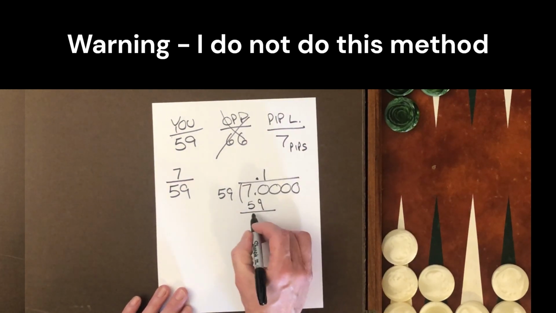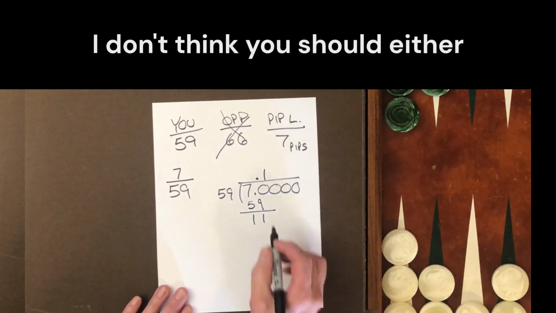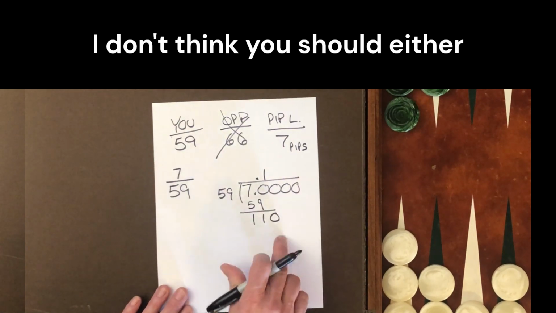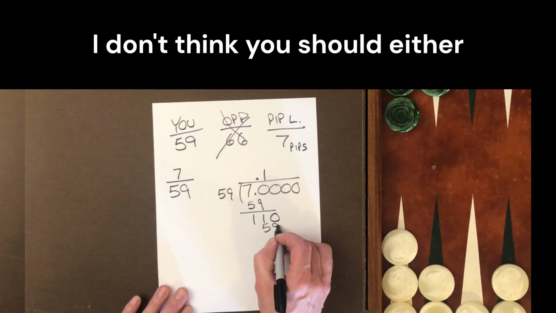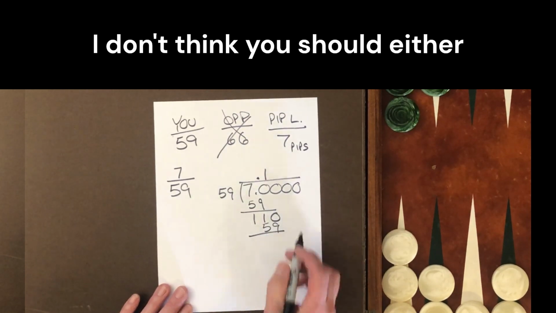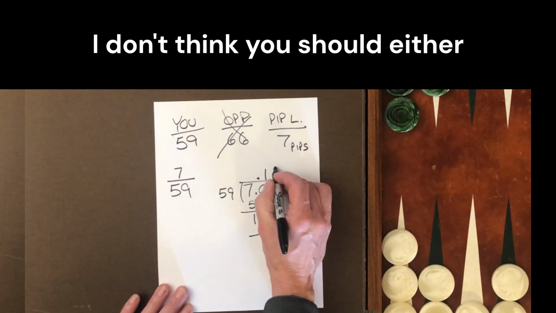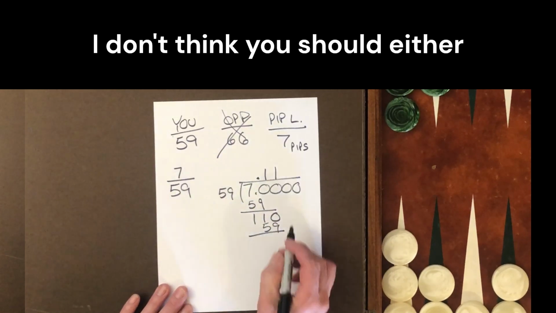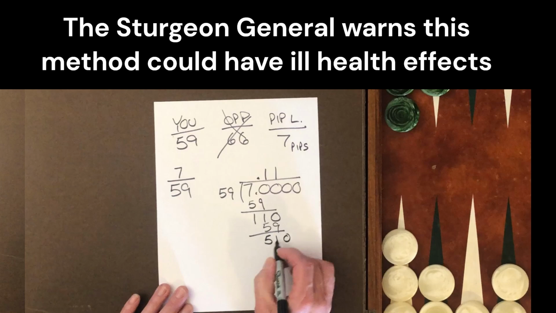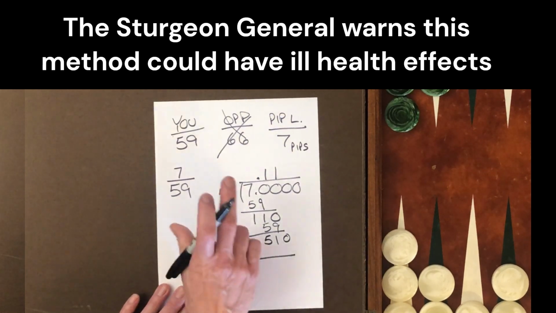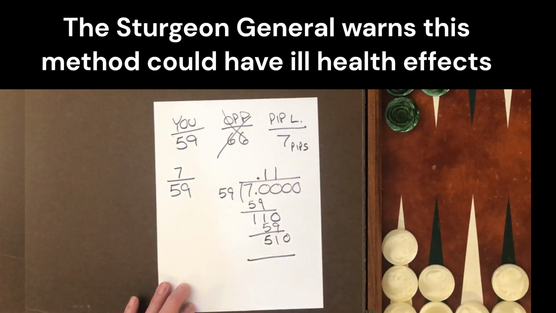And that gives us what? That gives us 11. Bring down a 0, 59 goes into 110 once. 59, now we have to subtract these 2 numbers. That was 1 for our 59, gives us 51. Bring a 0 down. How many times does 59 go into 510?